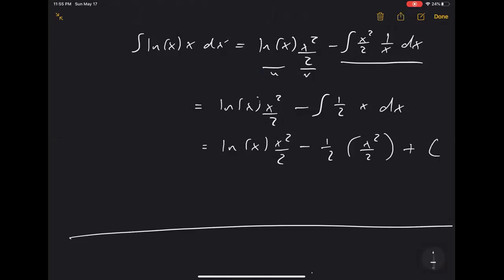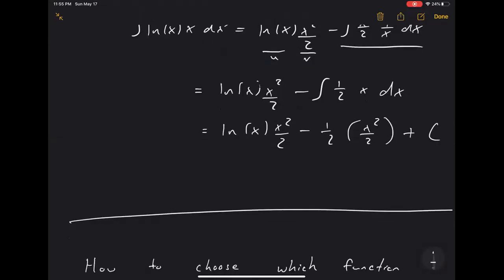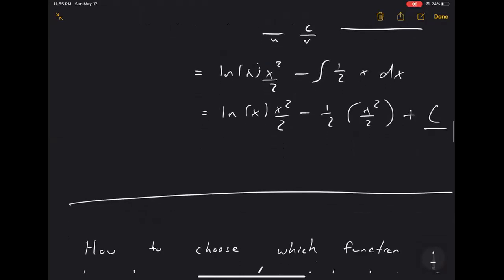Once I've gotten rid of all my integral signs, I'll put the constant of integration there. And then again, let's just simplify. So this should be my antiderivative.